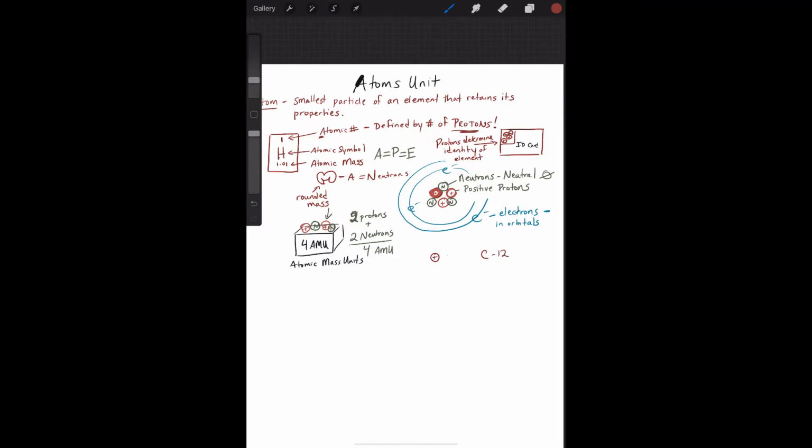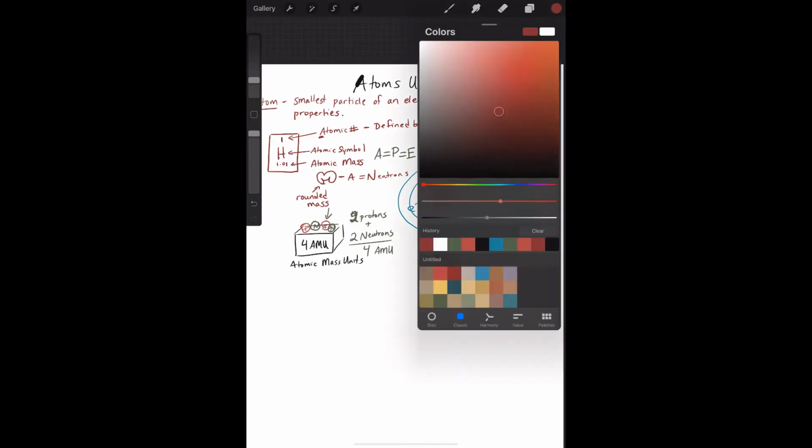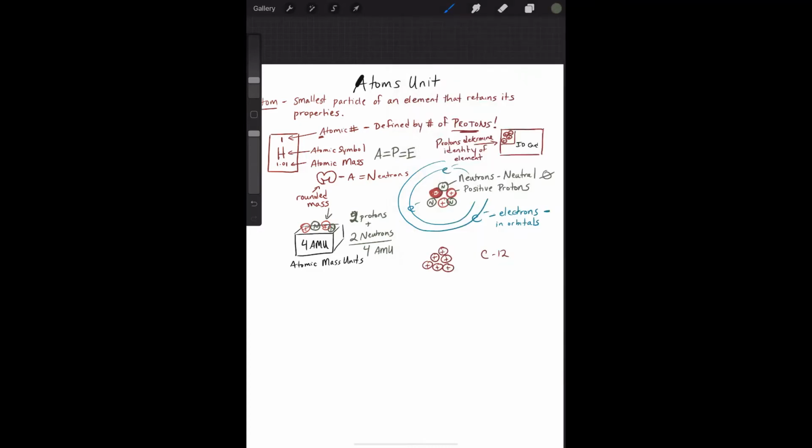Carbon 12 would have 6 protons, because carbon has 6 protons, and 6 neutrons, to give a total of 12.